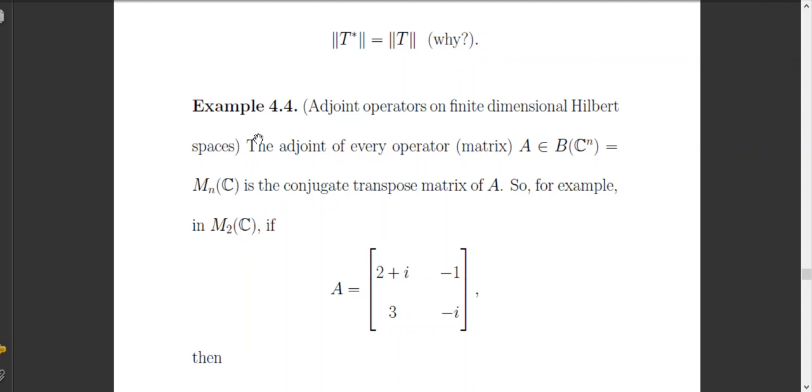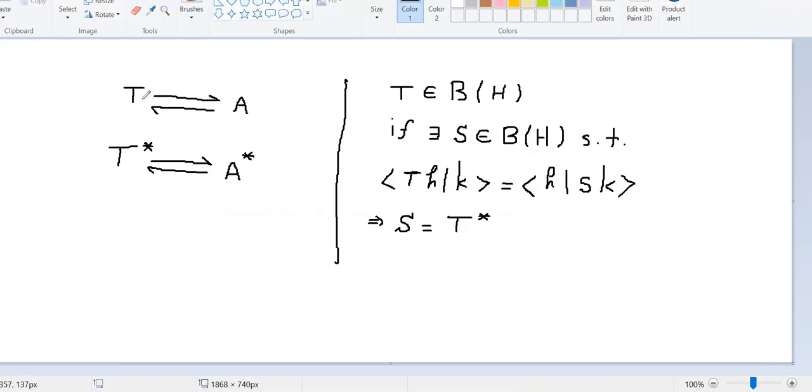Okay, and we know that such a Hilbert space is essentially C^n. Here's my point. If you have a bounded linear operator on a finite dimensional Hilbert space, this operator corresponds to a matrix, right? Okay. Now we know that T has a unique adjoint, T star.